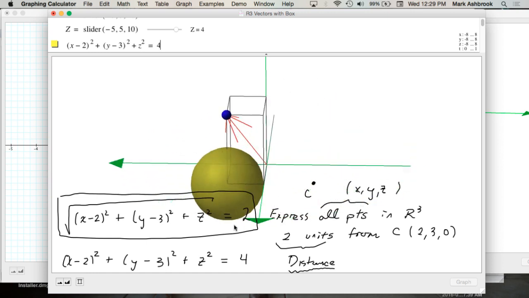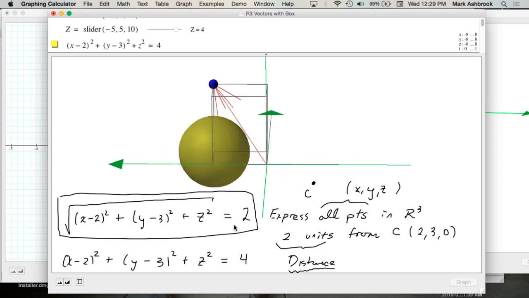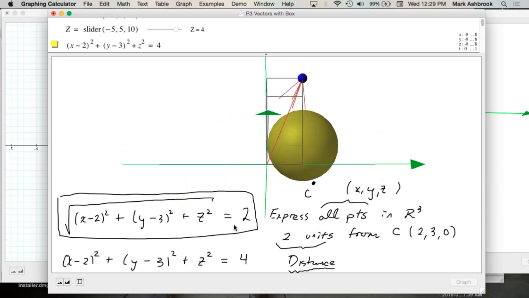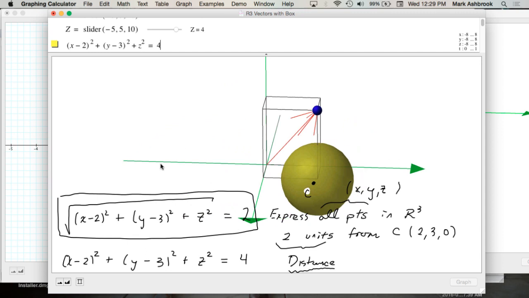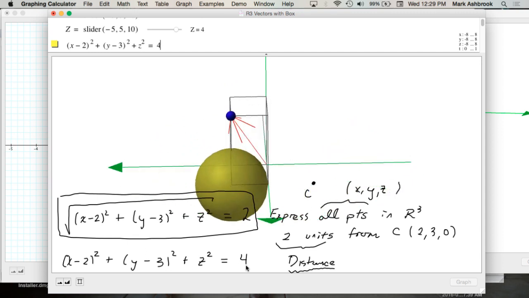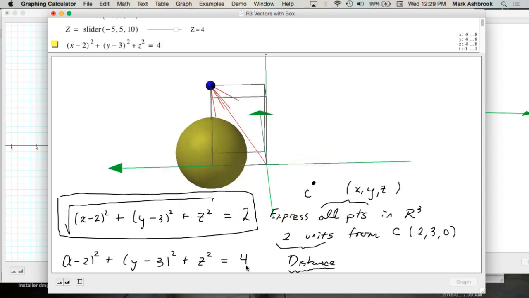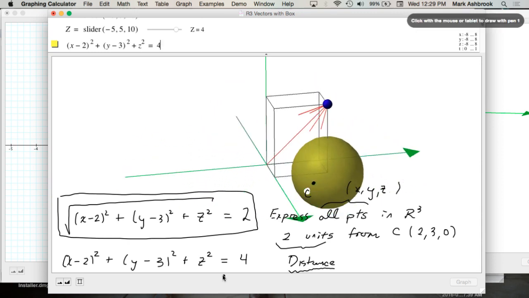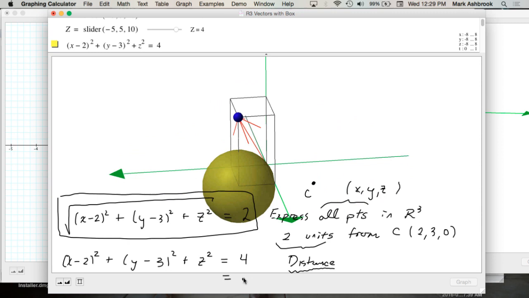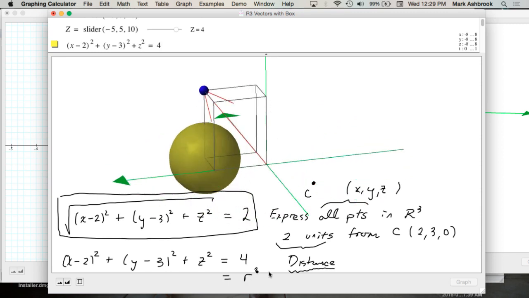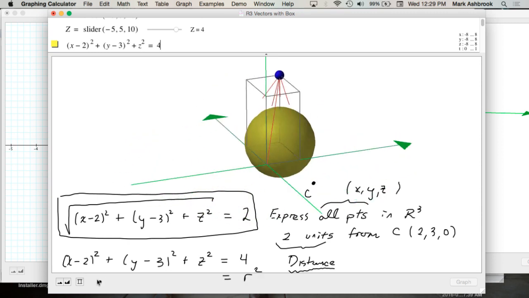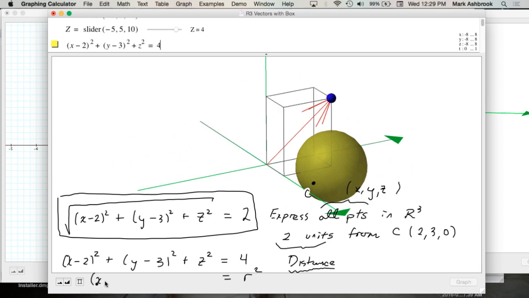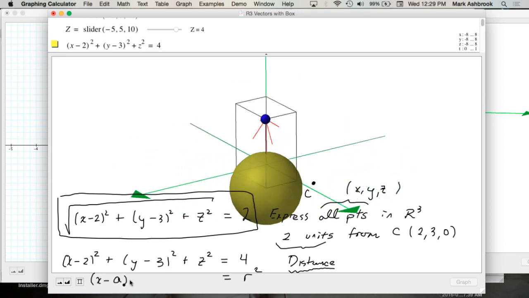Okay, so when you talk about all points a certain distance from another point, in R3, that's a sphere. And this is our equation of the sphere. So 4 represents what about the sphere? Is it the radius? Radius squared, right? It's the radius squared. And so then all points x, y, and z, and then oftentimes we'll use a, b, c to mean the center.